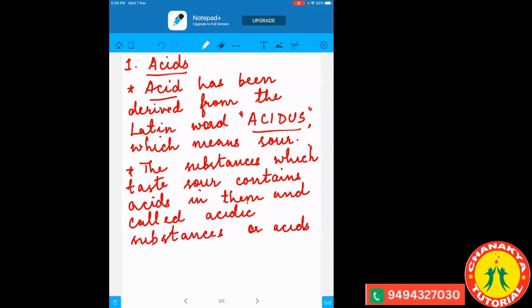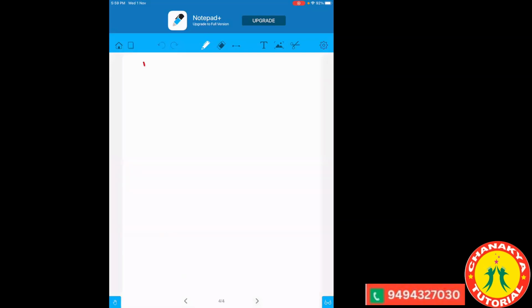Now, as the example, lemon has an acid in it called citric acid. Oranges also have the acid called citric acid. Because of it, they taste sour. Curd has the acid called lactic acid.